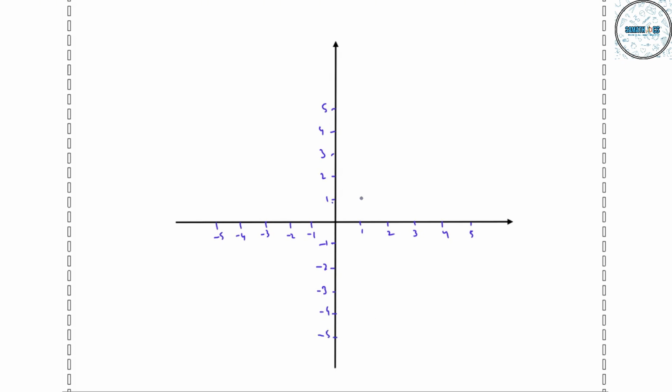We can mark the points here. We have 1 comma 1. We have 2 comma 2. We have 3 comma 3. We have 4 comma 4. And here we have minus 1 comma minus 1, minus 2 comma minus 2, minus 3 comma minus 3, and minus 4 comma minus 4. Now we will draw the line passing through these.